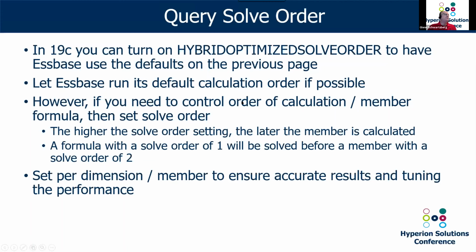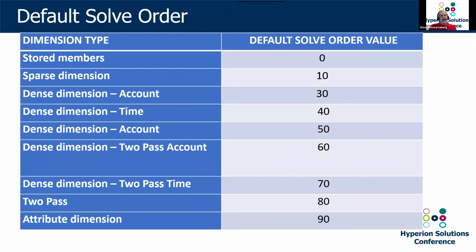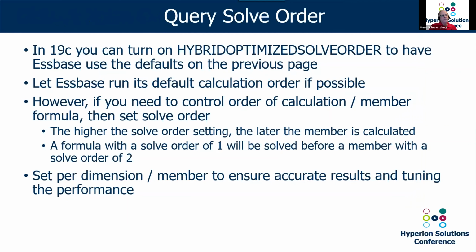And remember, when you have solve orders, the higher the number, the later in the calculation it will happen. So it's first going to do anything with the 0. It's then going to do anything with the 5 or 10 or whatever number you set it to. Then it's going to do a 20, then a 50. Finally, in this case, it's going to do the 90s last. And you can go up to 127 in solve order, as an FYI.